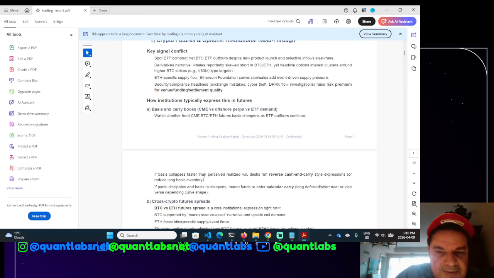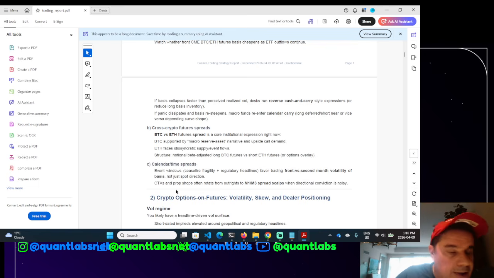So if the basis collapses faster than perceived, realized volatility dies, reverse the cash and carry style expression, or reduce long basis inventory. If panic dissipates, basis re-steepens, and macro funds re-enter, the calendar carry option is long deferred, short near, or vice versa, depending on the curve shape. I go on and on about this. That is what drives the price of Bitcoin.